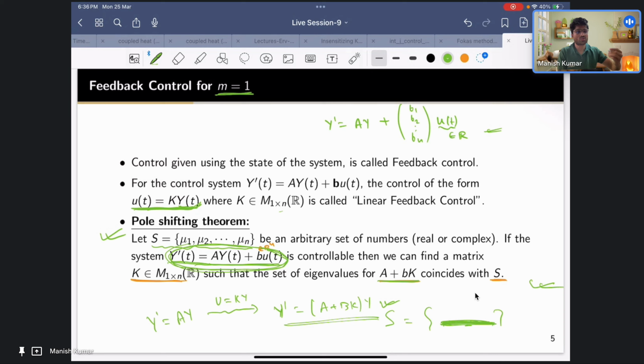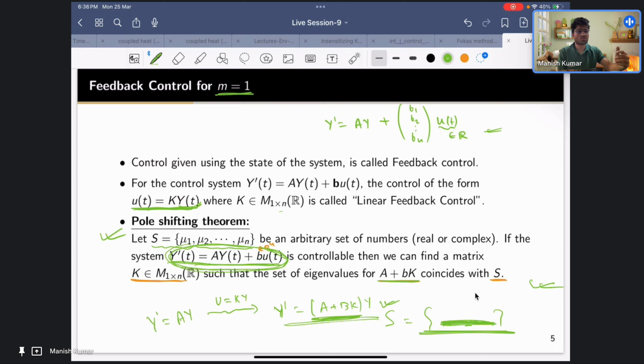If you have controllability, then you have stabilizability, and in fact the decay rate is in your hand. This S is in your hand, hence the resulting system has eigenvalues given by you, so you can achieve whatever decay you want. This is called complete stabilizability.